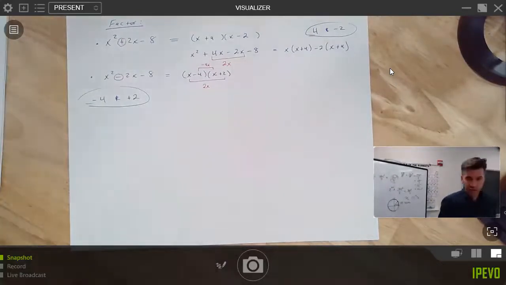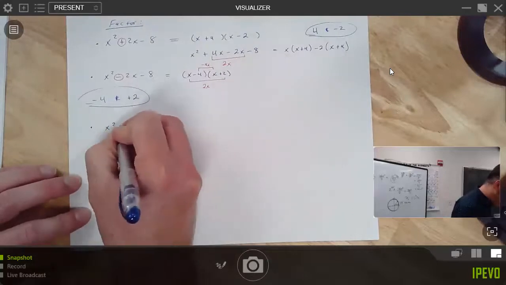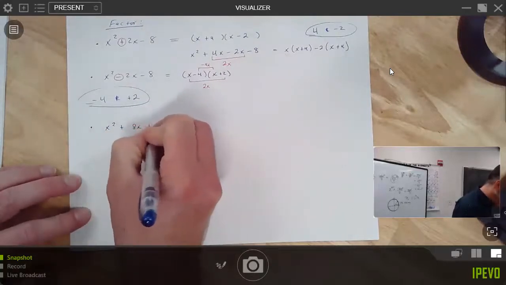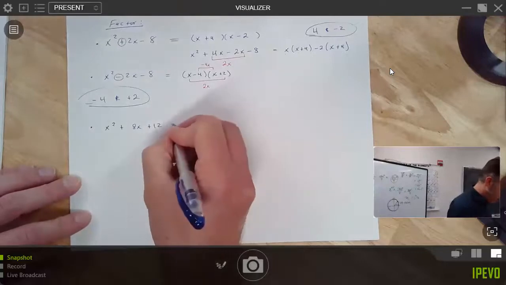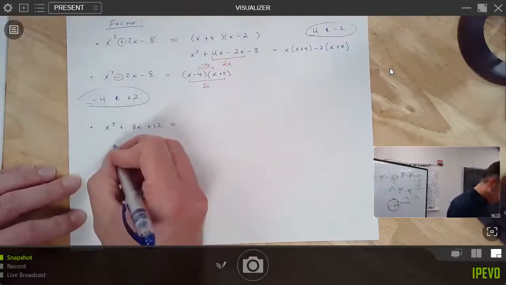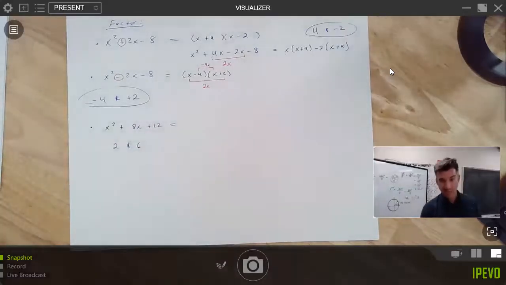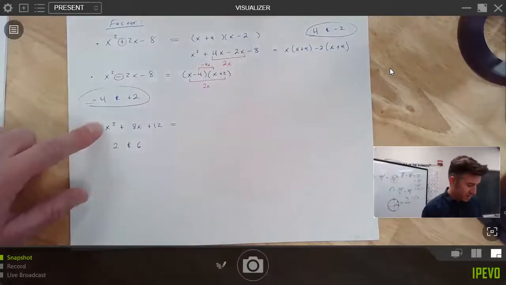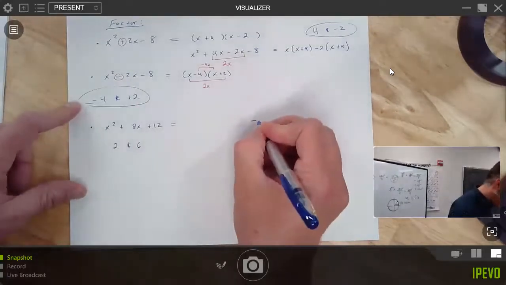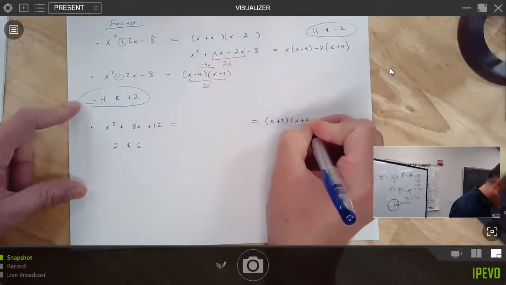And then it kind of starts to get old if we don't do something more complicated, right? You could look at something like x squared plus 8x plus 12, and you're trying to multiply to 12, okay, and we're trying to add to 8. I think 2 and 6 are our candidates. Now, again, since 1 is the leading coefficient, we could just jump straight to saying it's x plus 2 times x plus 6.